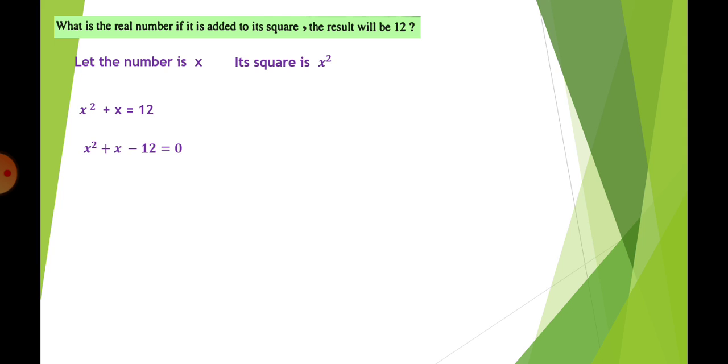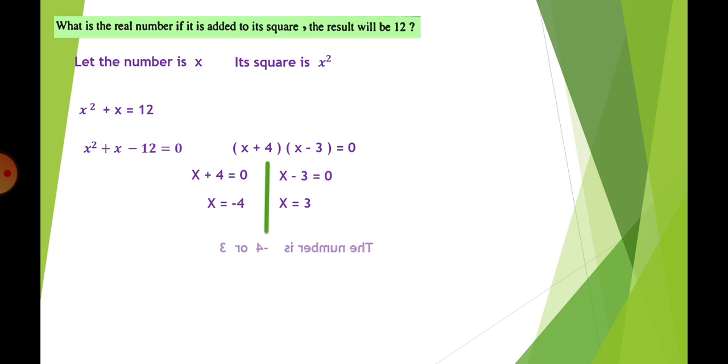So we can factorize x power 2 plus x minus 12 in the form x plus 4 and x minus 3. x plus 4, because 4 is greater than 3, so 4 takes the positive sign. So x plus 4 equals 0 or x minus 3 equals 0. x equals negative 4, or x equals 3. So the number is negative 4 or 3.